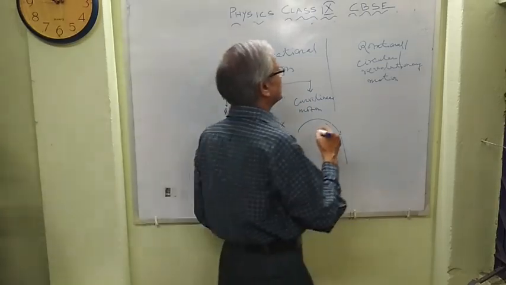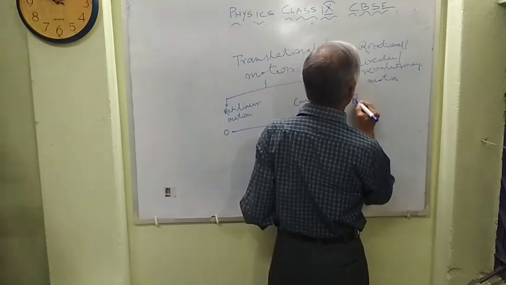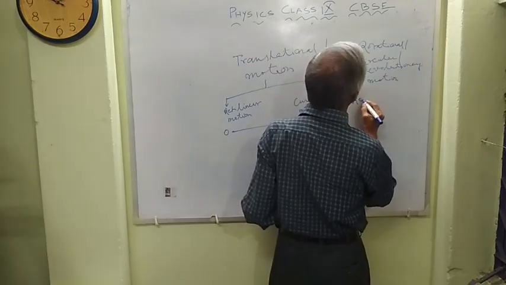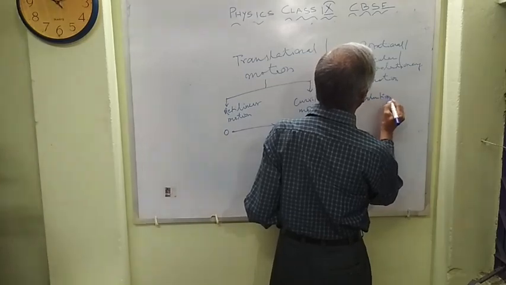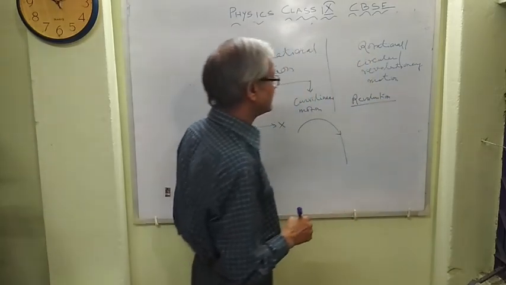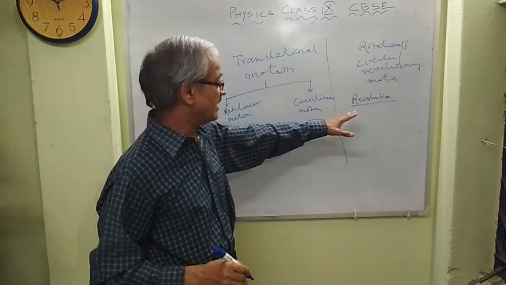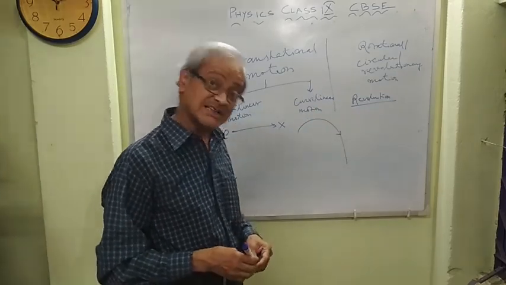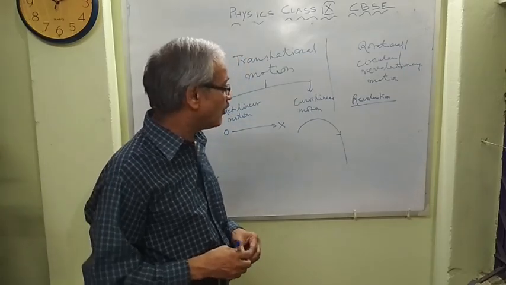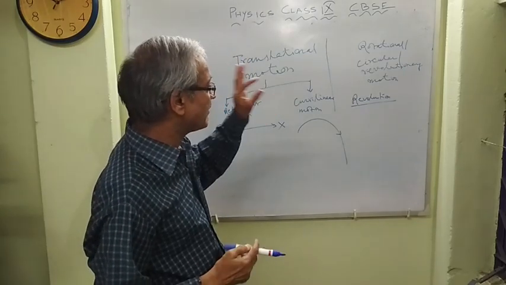Now, we know about revolution. What do you know about revolution? Revolution is the motion of a body as a whole about a point or about an axis.